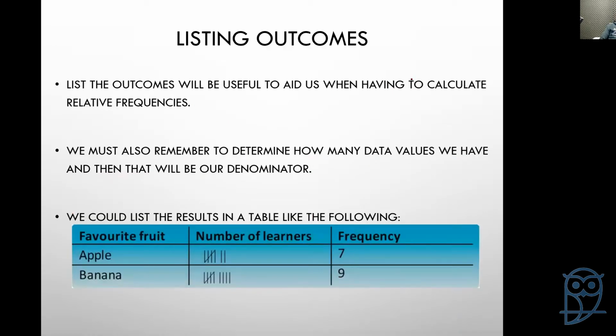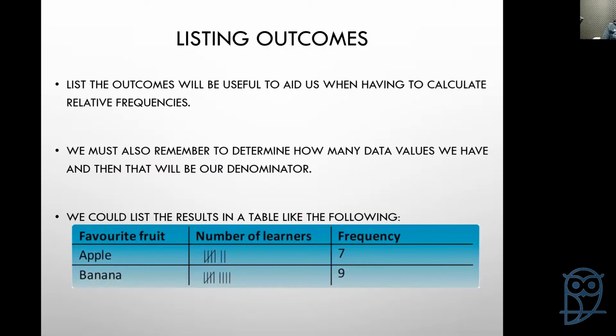So listing outcomes is a crucial part of this because without listing it and finding the frequency, you are unable to find your relative frequency. So you need to remember that to determine how many data values you have, that is what is going to be the denominator, which is what we saw on the previous slide.